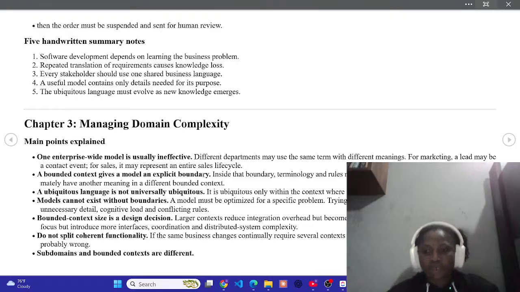And this chapter emphasizes more on how you gather knowledge and make sure the knowledge does not lose its value as it goes down into the code level, because the domain expert has the knowledge, right?